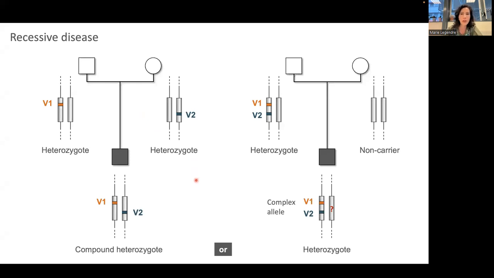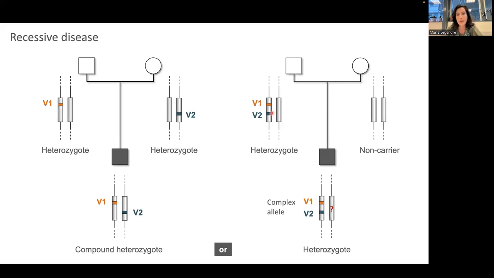That's the definition of a recessive disease. Unfortunately, most of the sequencing techniques are not able to tell the difference between the 2 variations being on 2 different copies, or being located within the same copy. To make the difference, we need to analyze the DNA of both parents.